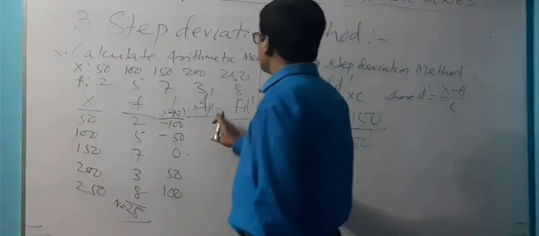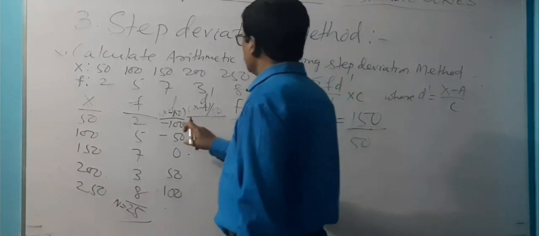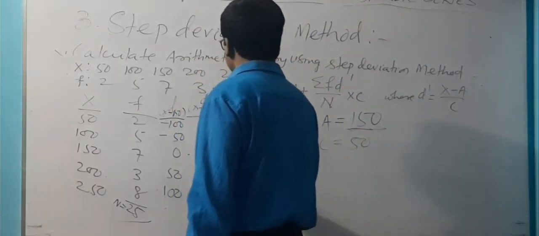Now, what is x minus a by 50? X minus a is equal to d. D by 50 means minus 100 by 50, that is equal to minus 2.